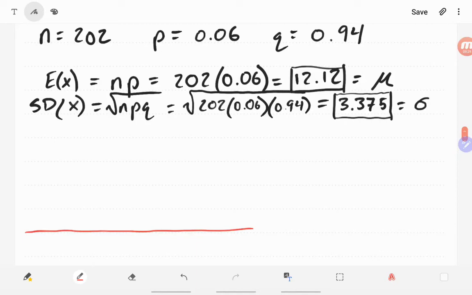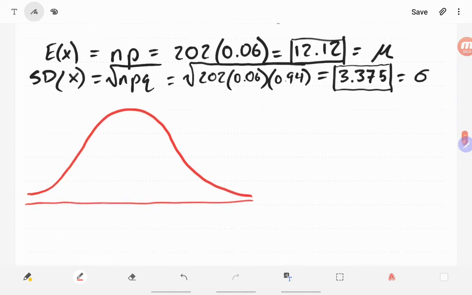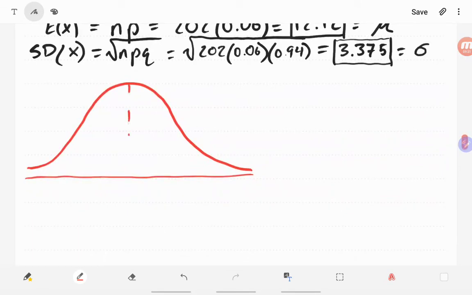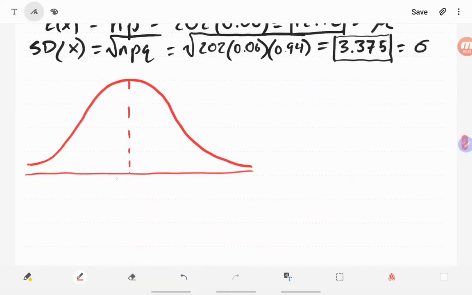Okay, so let's draw this guy out. We've got our normal model with a center, a mean of 12.12. And we show a standard deviation up, up, up, and then 3 of them down as well.